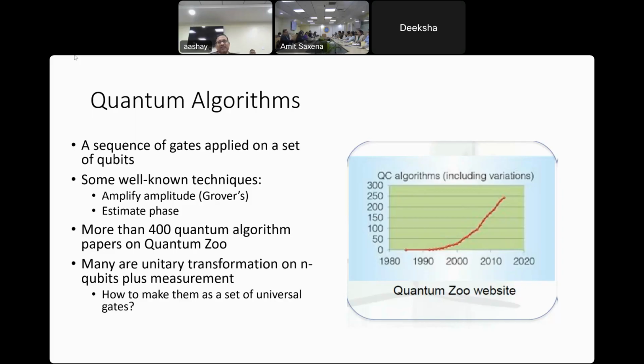So we have to interpret our quantum technology in terms of some sort of universal quantum gates, like we have universal logic. Any arithmetic and logical function you give, universal logic gates can implement that. So if we can have the universal set of quantum operations, then this is fine.